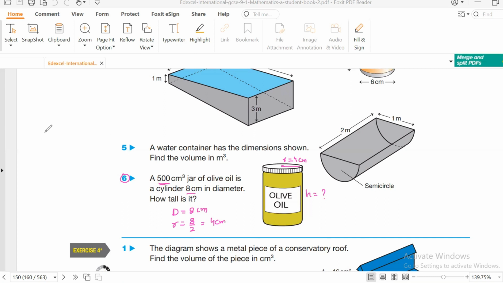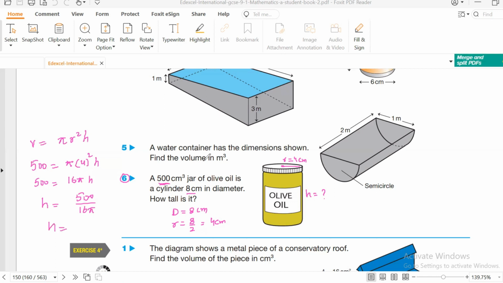So we will apply the formula of volume of a cylinder, which is pi r square h. Volume is 500, r is 4, so 4 square, and h we are looking for. So 4 square gives us 16 pi h, and h equals 500 divided by 16 pi.